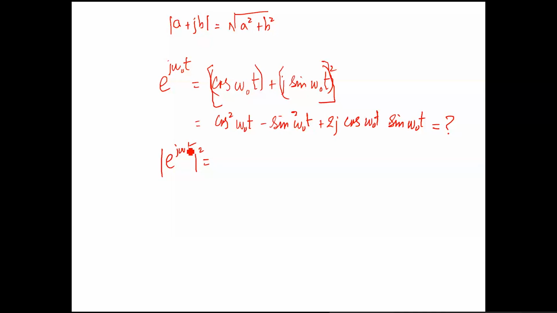Same value right here. If I take just the square of the magnitude, the imaginary part and real part squared, it will be just cosine square omega naught t plus sine square omega naught t. Clear now? And what is this equal to? Cos square theta plus sine square theta is equal to 1.